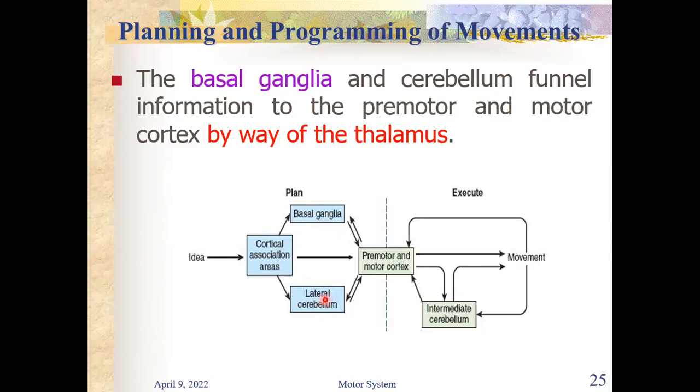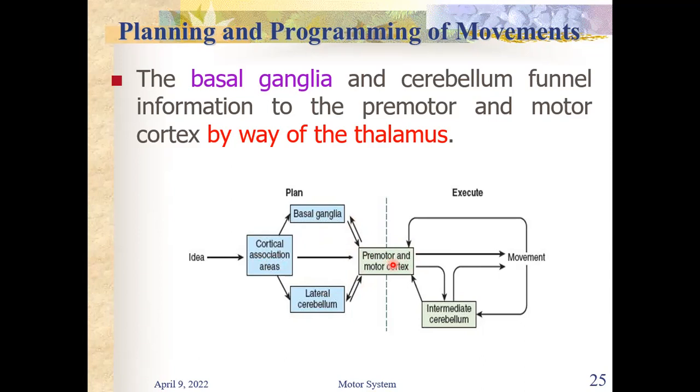So the lateral cerebellum and the basal ganglia share the information that they have gotten from the cortical association area with the premotor and motor cortex by way of the motor thalamus. The thalamus is here. The thalamus is also here in between. So they share with the premotor and motor cortex. Remember, the premotor and motor cortex are the ones that will initiate the movements.